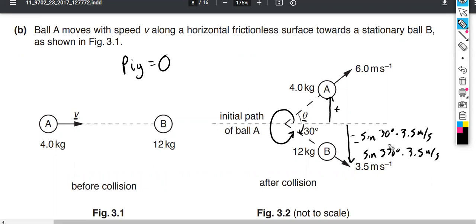If you're not familiar with how the sine of 30 and the sine of 330 are related, do that in your calculator real quick and realize that by always orienting your angle to the positive x-axis, the calculator deals with the vector nature of that velocity for you.